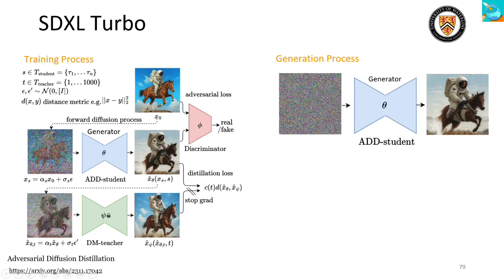But this time, it doesn't compute the gradient, and then it computes the distillation loss, which is some kind of distance metric between the image generated from the generator and the image generated from the teacher diffusion model, so that it penalizes the gradients in the student model, such that the student is able to learn how to become more like the teacher model.